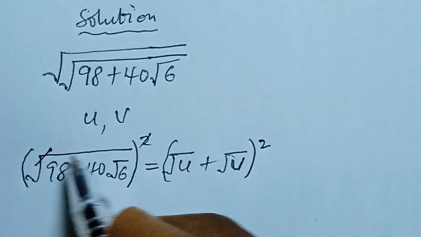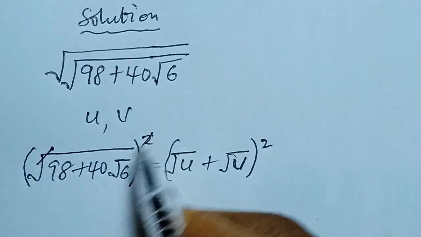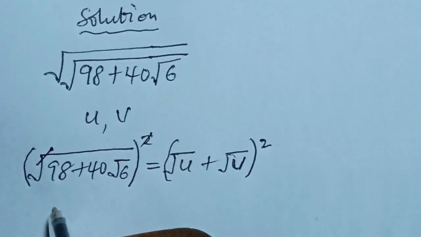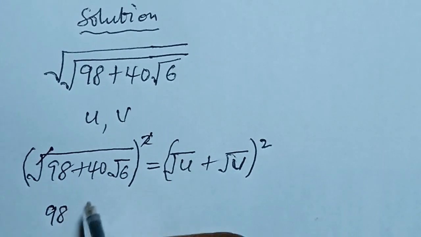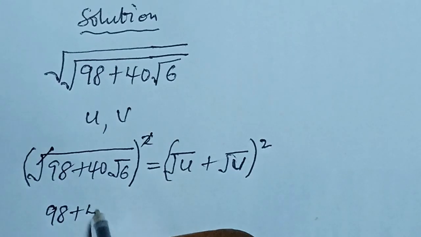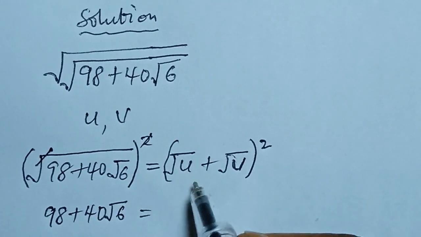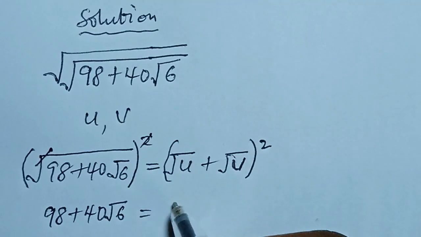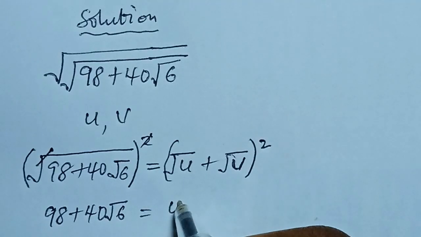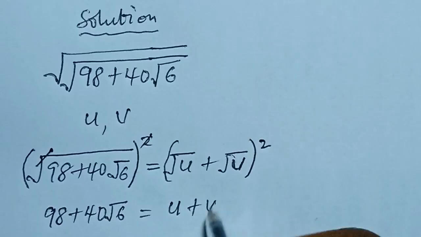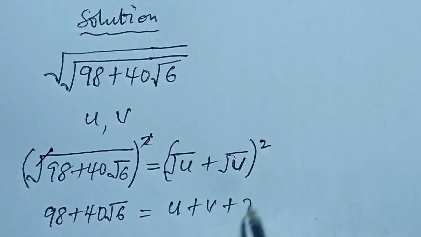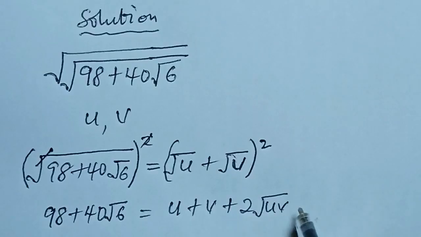The square cancels out the square roots, and the left hand side becomes 98 plus 40 square root 6, with the right hand side, which can be expanded as u plus v plus 2 square root uv.